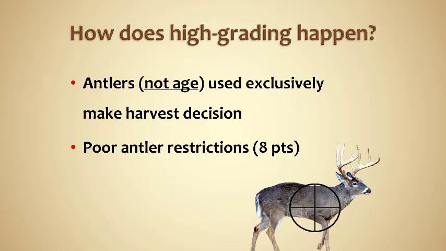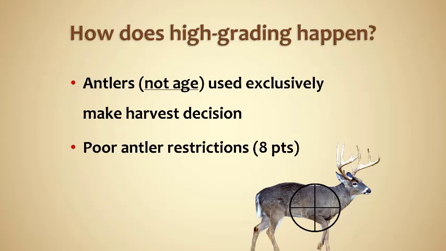So if you agree that high grading can be detrimental to your buck population, how in the world does it happen in the first place? Why would we intentionally high grade our buck population? Well, it's a product of, I sound like a broken record here, but you have only used antlers, not age, to make a harvest decision.